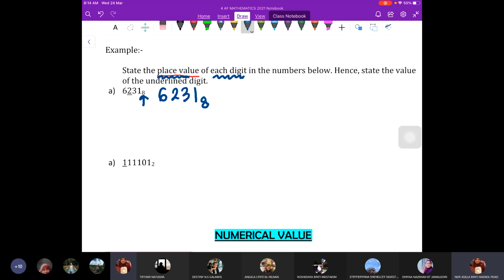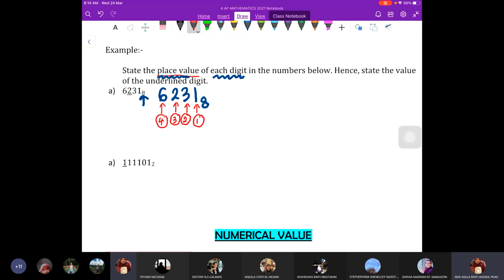So if you remember, I told you before just now, this is we call as a separate digit. Separate, so kat sini kita ada 4 digits. Okay, dan dalam number bases, we're gonna start dekat belakang sekali. So 1 will be the first digit, 3 will be the second, 2 will be the third digit, 6 will be the fourth digit.